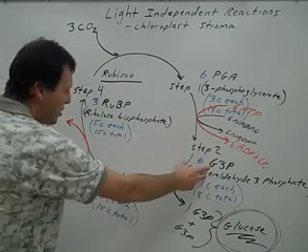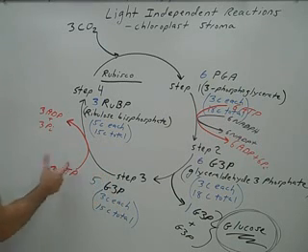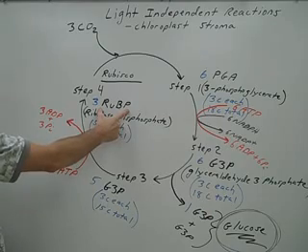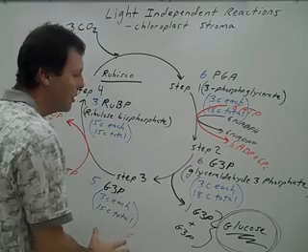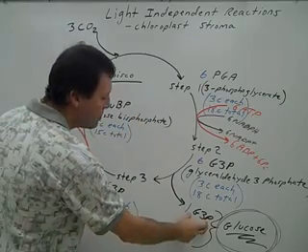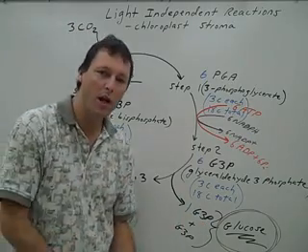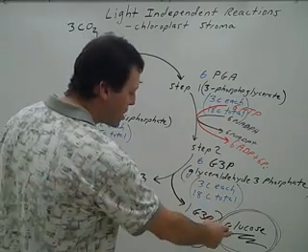The other 5 G3Ps move on, undergo a chemical reaction with the addition of ATP energy to reconstitute RuBP again, which can be used to start the process again. So the goal of the light-independent reactions is to produce G3Ps, which will then undergo chemical reactions to ultimately give us glucose. Now, glucose has 6 carbons.